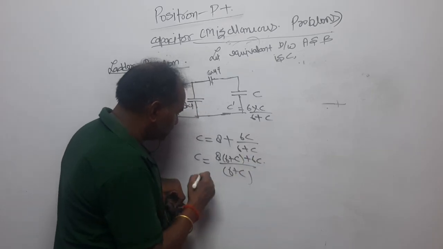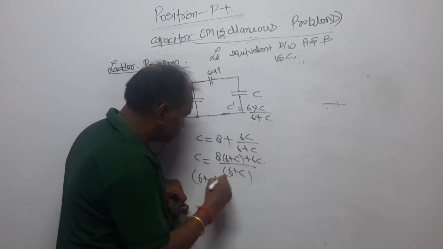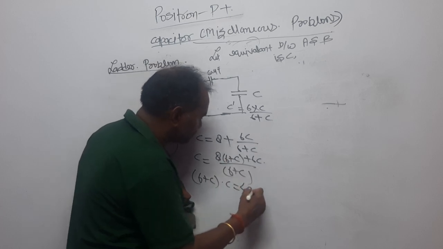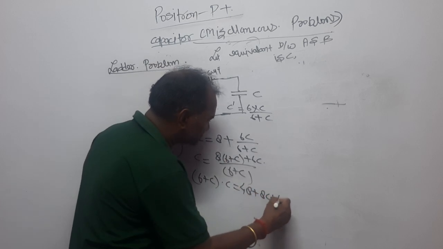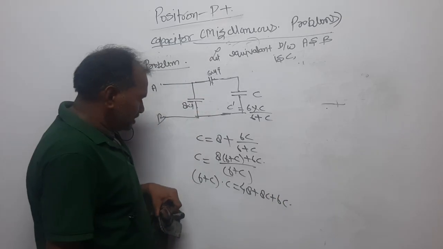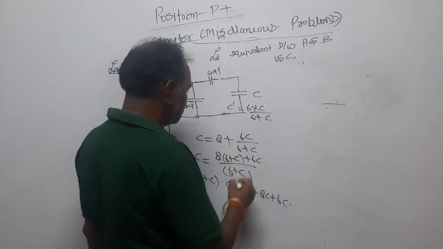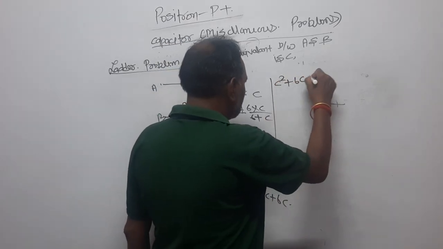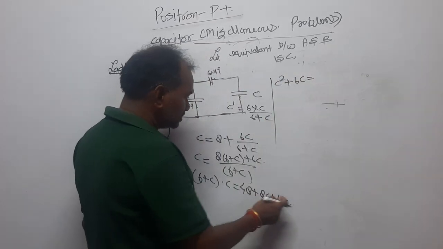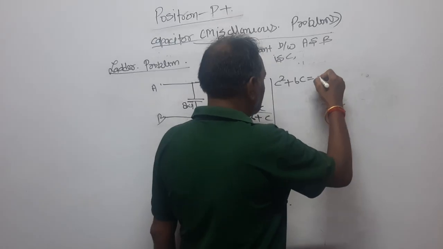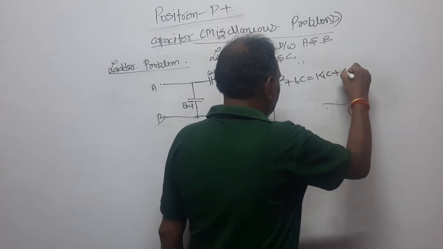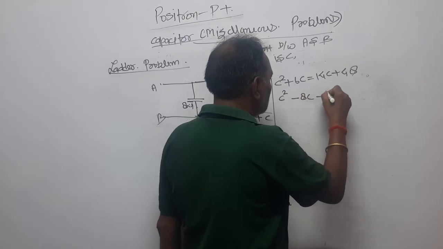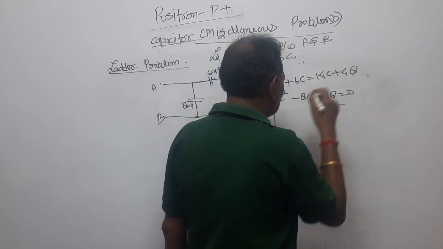And now here it would be 6 plus C into C is equal to 8 times 6, 48, plus 8C plus 6C. What you are going to get, if you solve: C square plus 6C is equal to 14C plus 48, or C square minus 8C minus 48 is equal to 0.